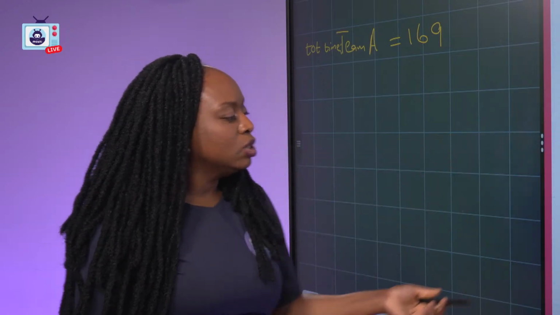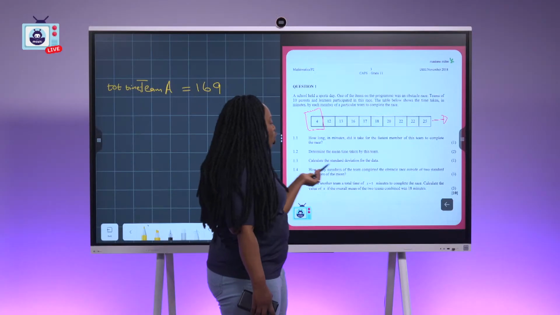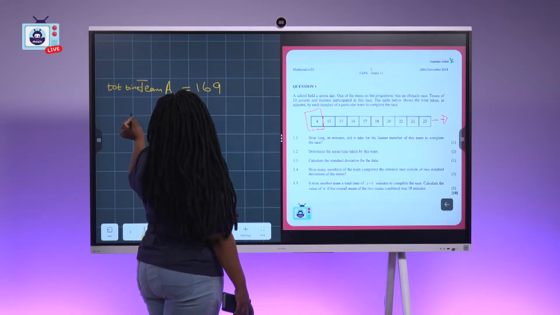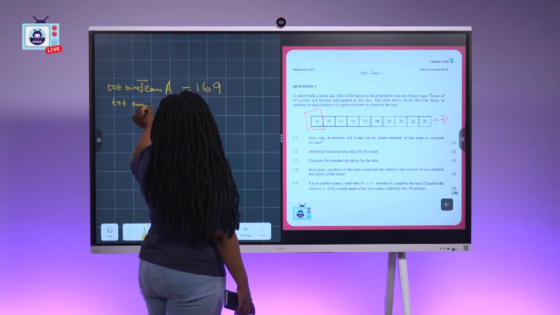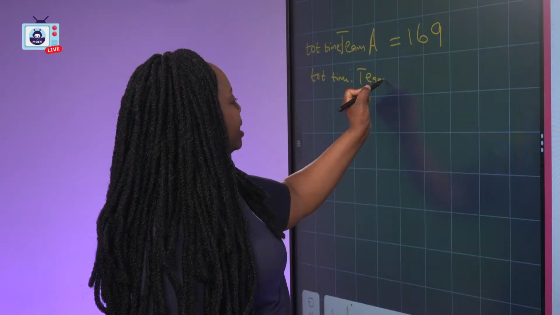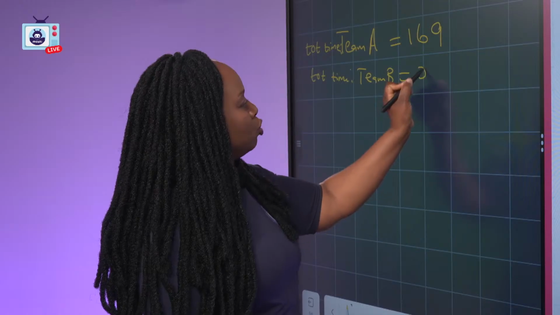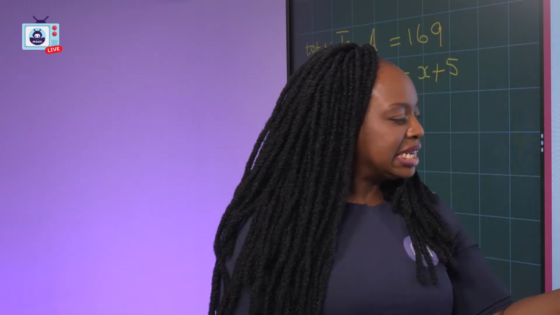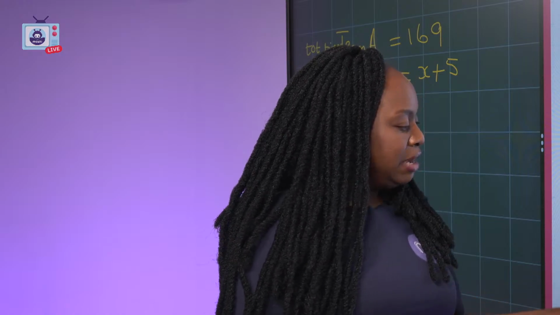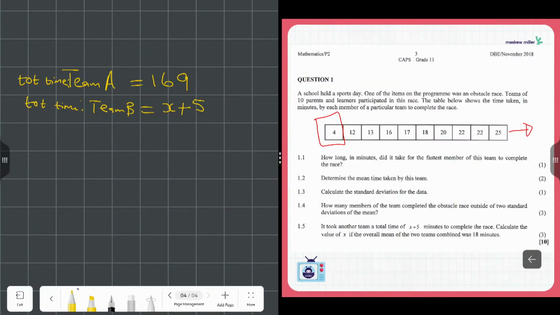Now we are told that it took another team a total time of X plus 5 minutes. So now we know that the total time of team B, which is another team, is given to be X plus 5, right? And they said to calculate the value of X if the overall mean of the two teams combined was 18 minutes.